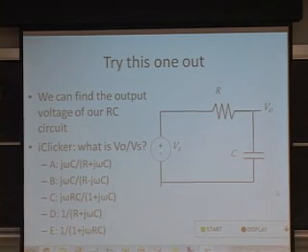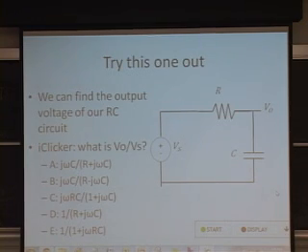So, again, if you just have an RC circuit here, the impedance for the resistor is just R, and the impedance for the capacitor is 1 over j omega C. Now our output to input ratio is a voltage divider.